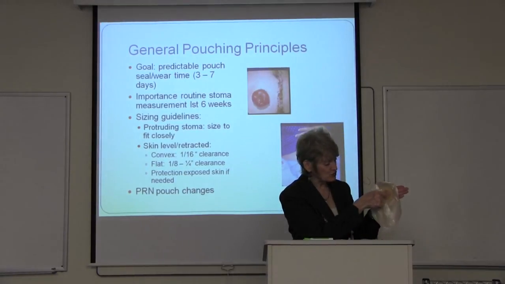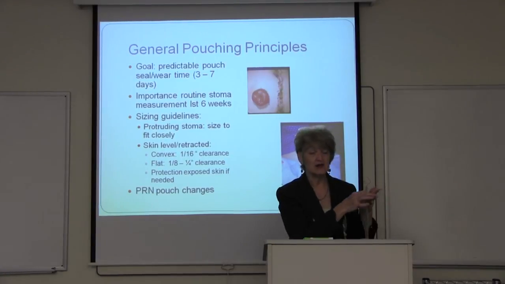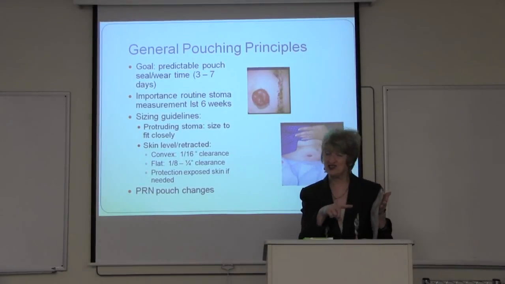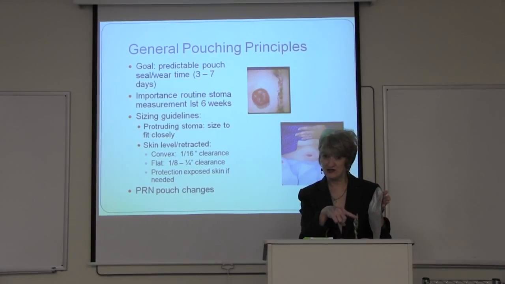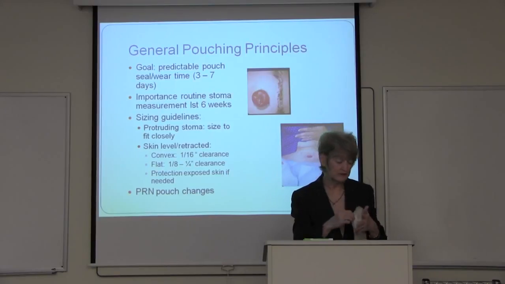If my stoma is 1 inch and I want 1/16 inch clearance here, 1/16 inch clearance here, it ends up being 1 inch plus 2/16, or 1 1/8. So if you want 1/16 inch clearance, you double that. You add 1/8 of an inch to the stoma size, and you would order a pouch with a 1 1/8 inch opening. So a convex system should fit closely.